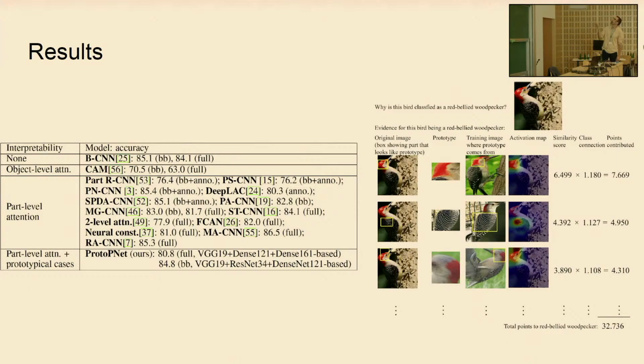This image was predicted as red-bellied woodpecker because the following prototypes appeared in the following places. The places can be shown either as bounding boxes or as a similarity map in this image.